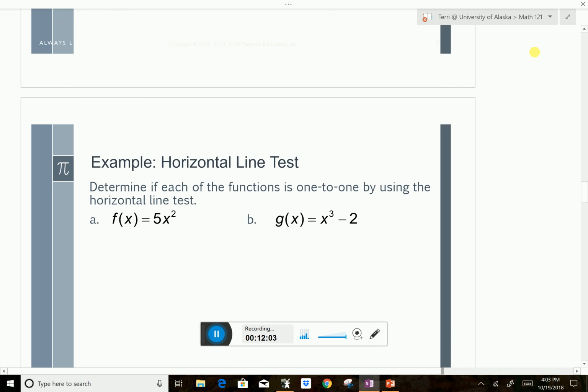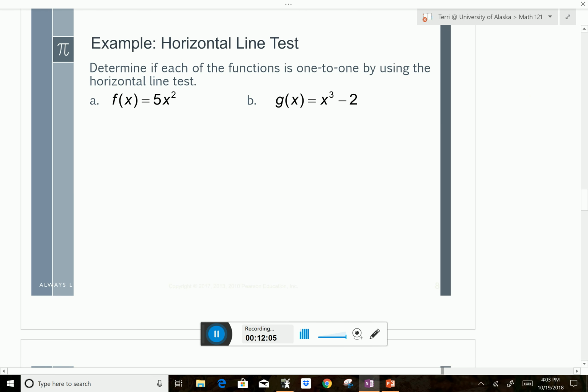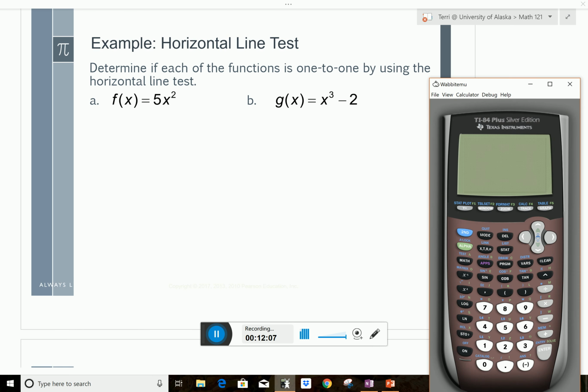Pretty cool. So let's do the horizontal line test for these. If I were to go over here and graph 5x squared, and let's just zoom to standard, it fails the horizontal line test.